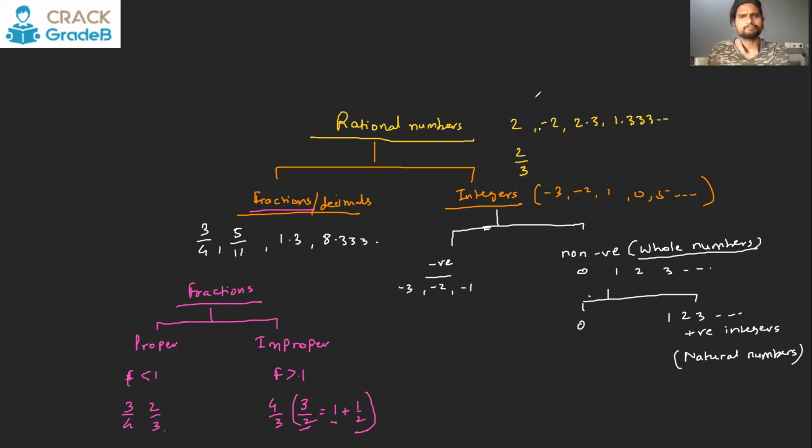Now further, these integers or natural numbers can be bifurcated into several types. The types can be square number, non-square number, cubic number, non-cubic number, even number, odd number.